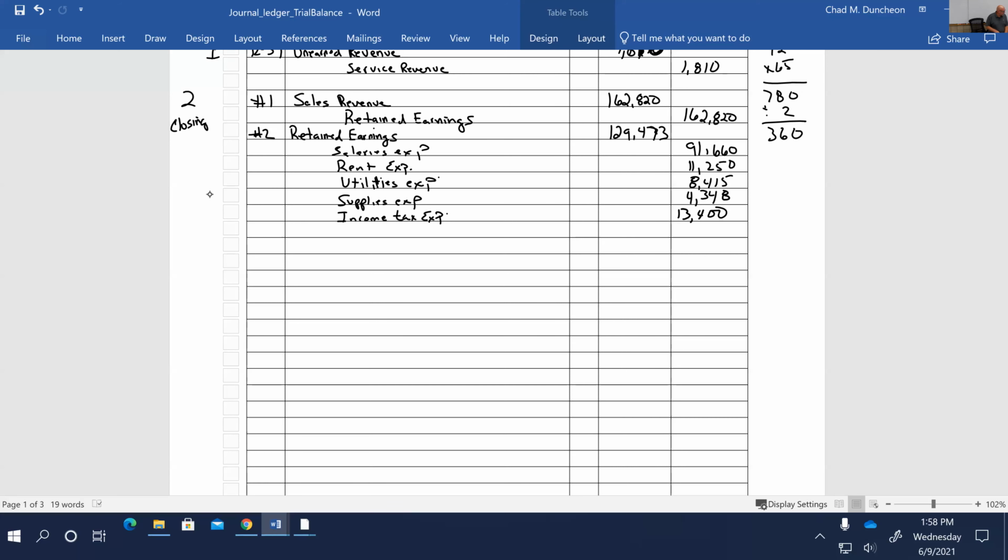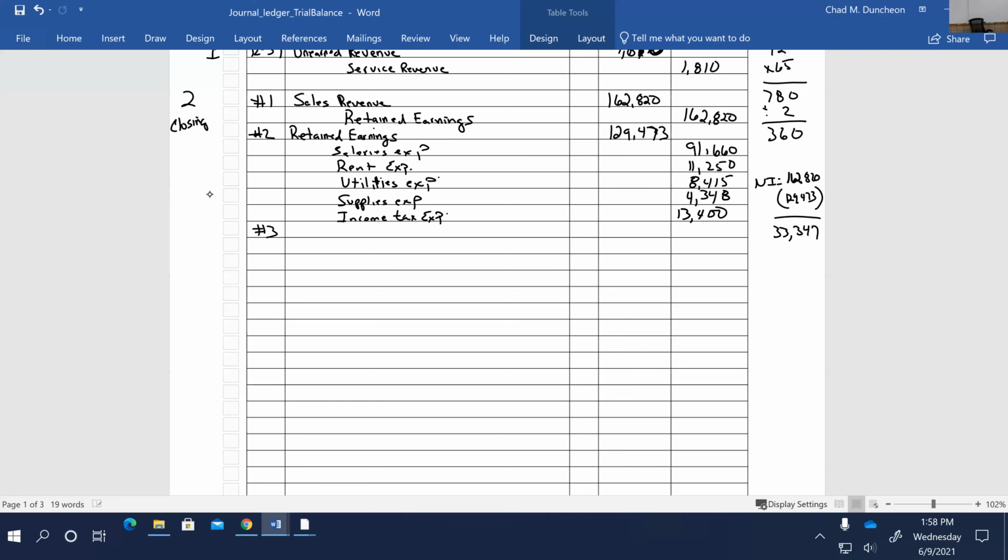Our net income in this situation, we take all our revenues, 162,820, subtract out all our expenses. So we'd have 33,347. That was our net income.